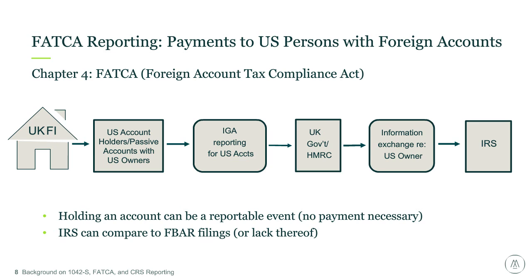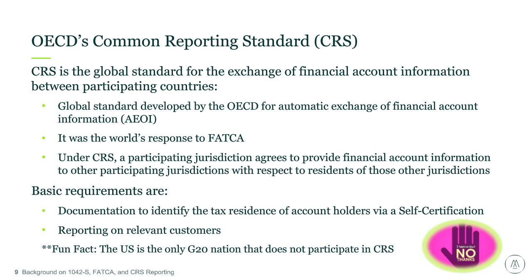So I know I just mentioned CRS. A few years ago, I feel like my attendees would have no idea what CRS was. It's been in existence for more than a handful of years now. It is the Common Reporting Standard, and just like IGA reporting, it's really a documentation and a reporting regime.